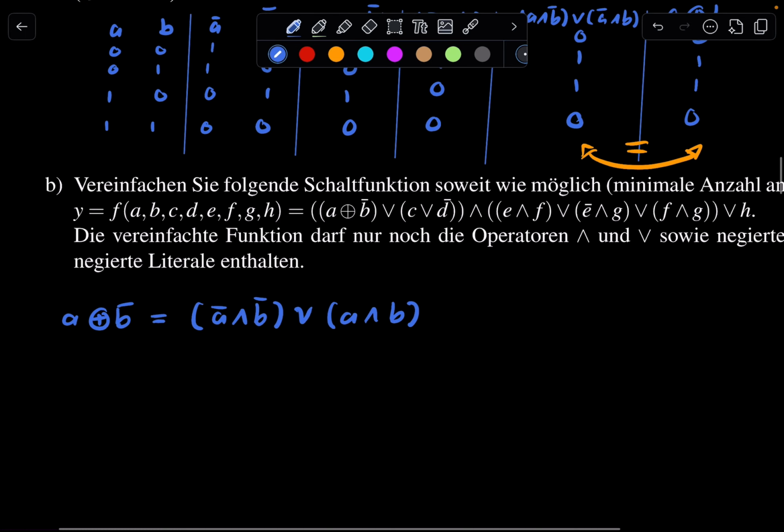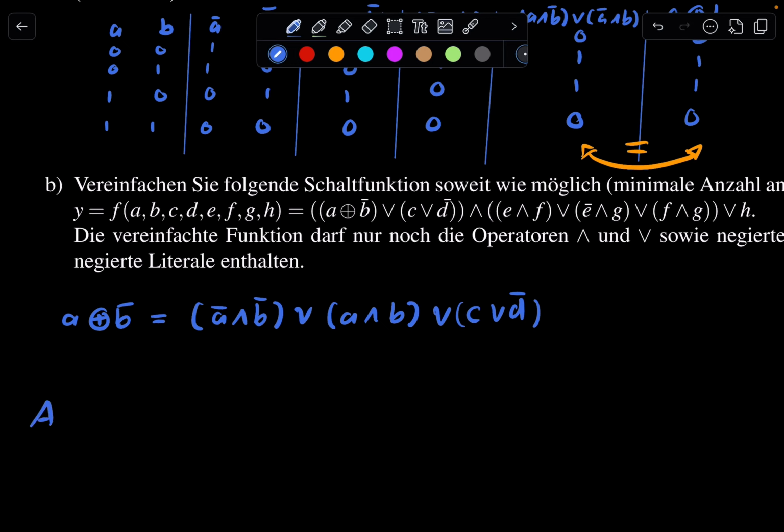Now, we know for a fact that we're also going to have not C and not D, right? That's for the first one. And then we have this guy, which we have to use consensus with.